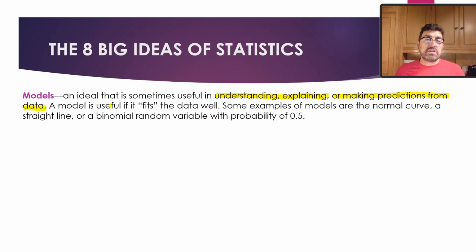A model is useful if it fits the data well. Now, in bivariate analysis, the model is a linear model, for instance, the one that we use in regression analysis. But that's not the only model that exists. If there's a trend in the data that's exponential, we will look at an exponential model to represent the data.